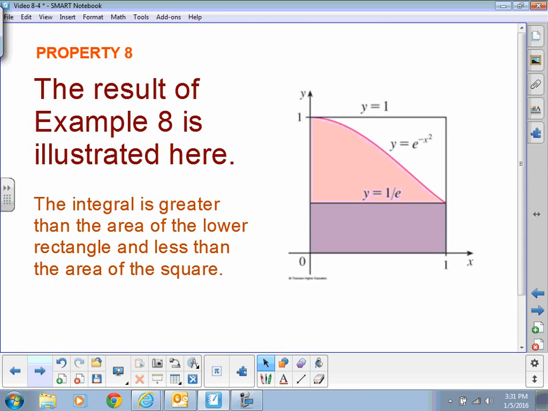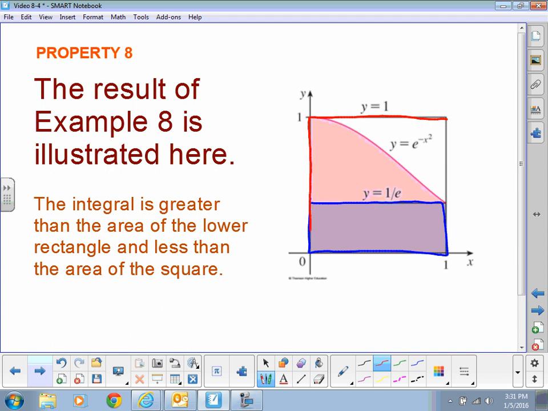Here's the y value of 1 over e. So this area here, that was our 0.3679. Here, this was our e to the 0, really.